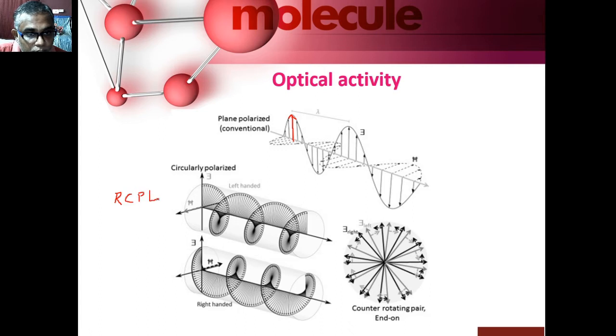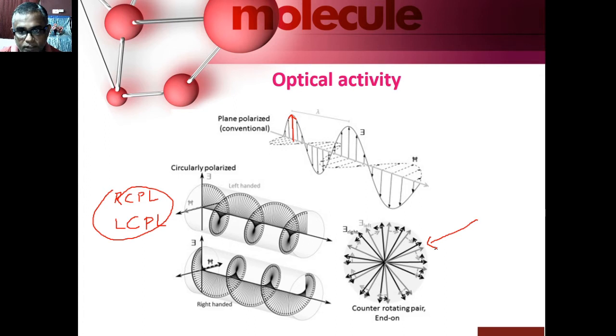Please remember, your circularly polarized light has two components. Now when these two combine, the net result will be like this. So when we say a circularly polarized light, it will have a right circularly polarized light and a left circularly polarized light.